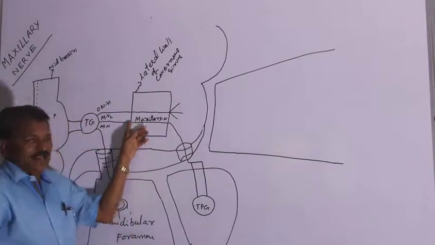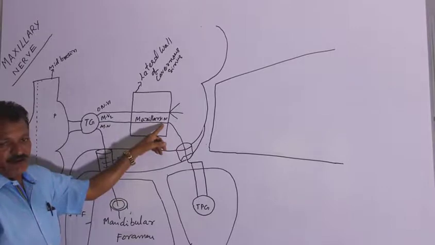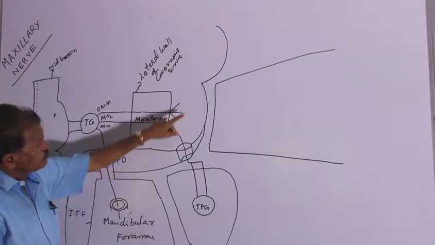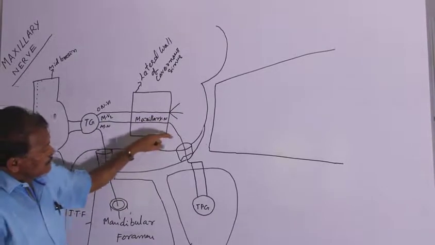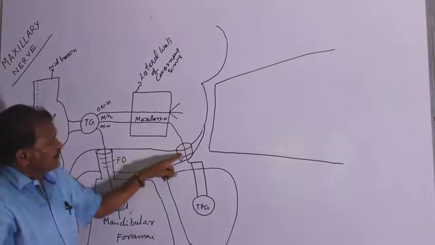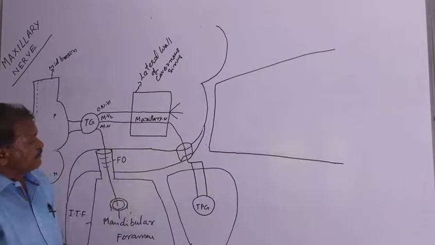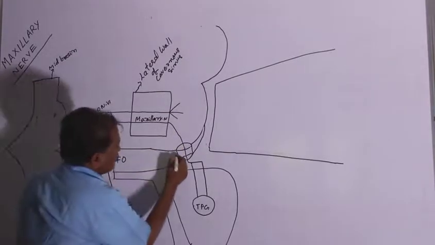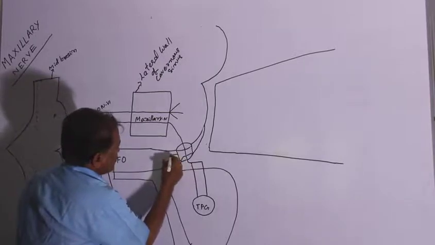The maxillary nerve runs along the lateral wall of the cavernous sinus and leaves the middle cranial fossa.